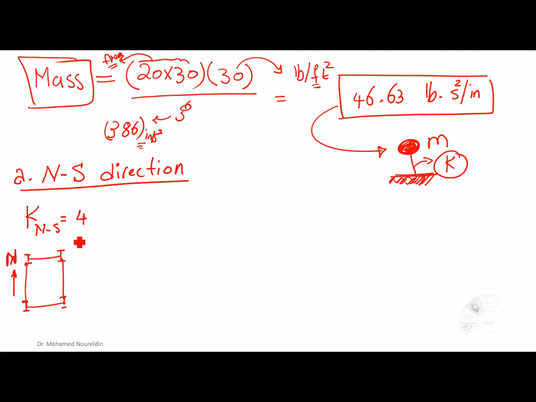So we're going to multiply 4 by, do you remember when I was assuming fixed condition? When we have a fixed condition, we said that the shearing force that is going to be developed if this system is going to move equals 12 EI over h to the power 3, right?